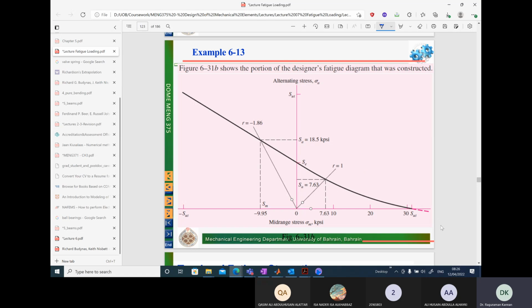So the shape changes. In the first quadrant, when the mean stress is positive, this is the shape of the failure envelope.